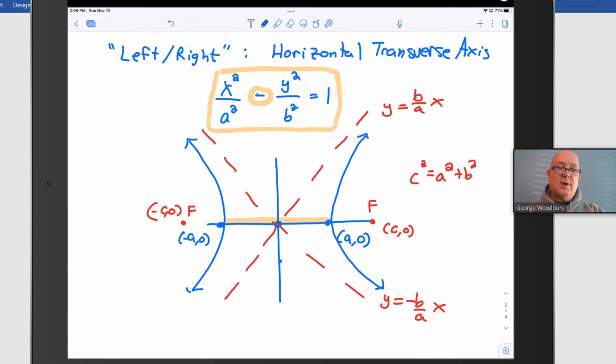The corners of the rectangle along with the center, that's where the asymptotes, which are shown in the red dashed lines, go. They tell us how the function behaves as you zoom out further and further. Maybe I'll show you one of those on Desmos. As we zoom out and out, it looks like a big X, even though it turns inside of there. Maybe we'll show you that before we're done.